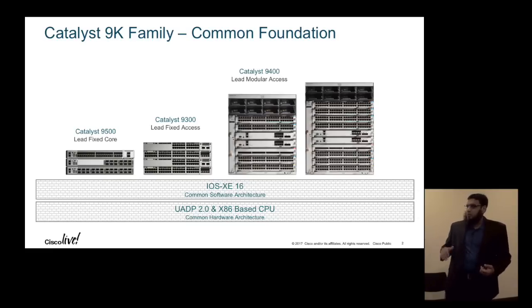And the 9400s are modular access boxes with different types of modules and supervisors. And then we have the Catalyst 9500, which is our lead distribution, kind of low-end core switch, which gives you port speeds of 10 gig and 40 gig. Okay, so that's the portfolio that we introduced in June last year.